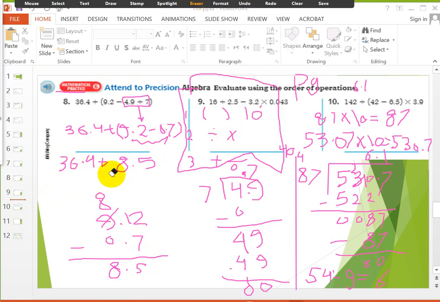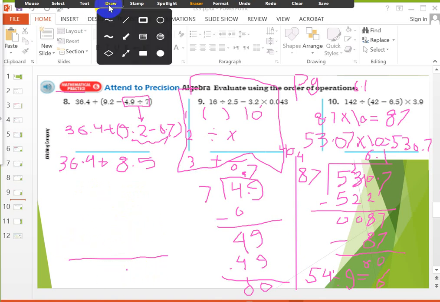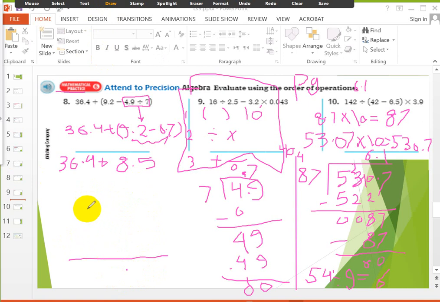After that I have to add the numbers. If you add the numbers here to find the answer, you also have to order the numbers. 36.4 and 8.5 tenths. Add the numbers. 4 plus 5 equals 9.